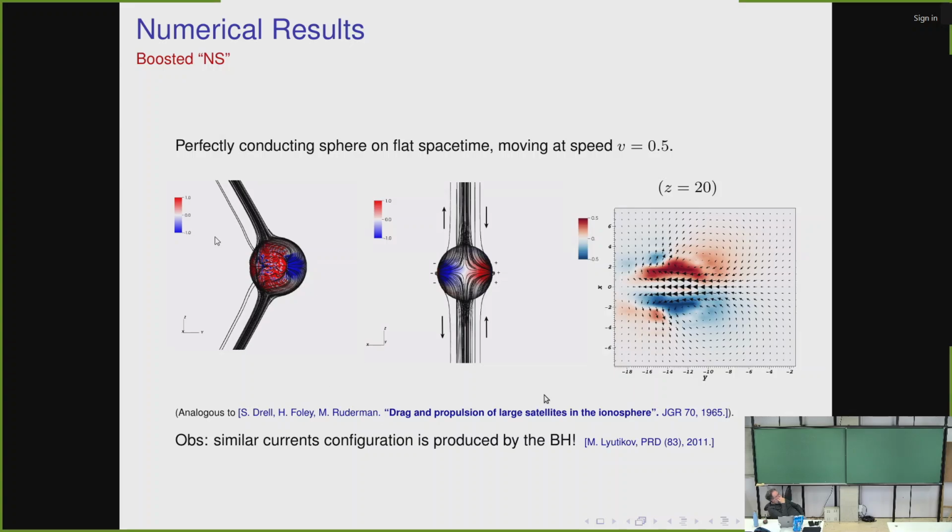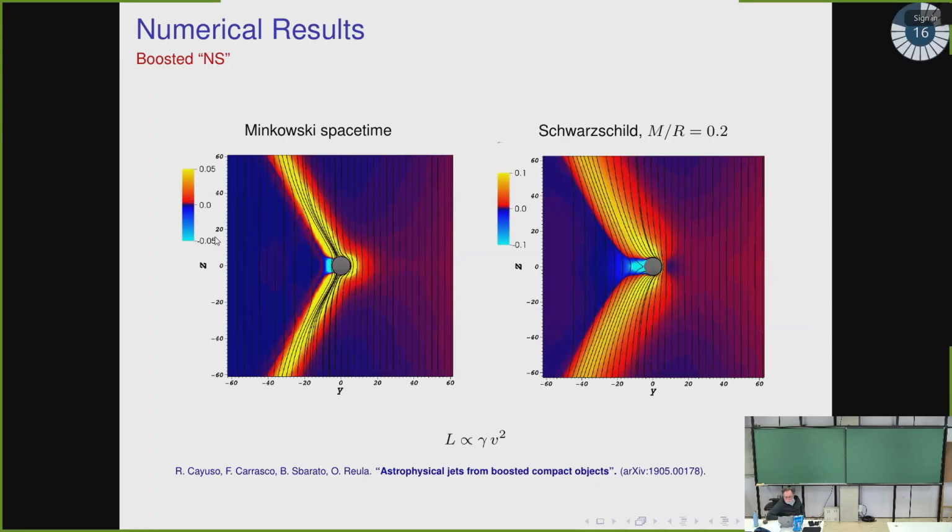There were some previous works. We knew this configuration also produced a jet, like in the AGN context for the black hole. So we found this interesting and decided to use our code to study it. Indeed, we found that for the neutron star, similar current configurations are produced as the ones known for black holes, and you can produce these jets.